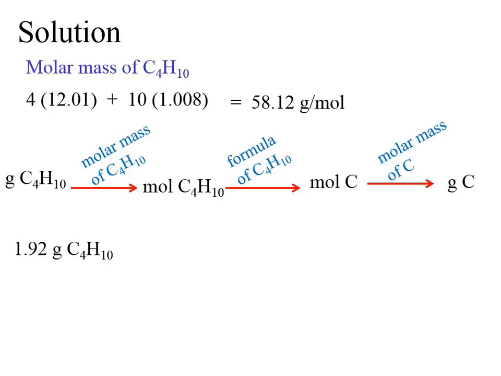And then what does the next term look like? The 58.12 grams on the bottom. Yep, 1 mole of C4H10 over 58.12 grams of C4H10. Perfect.